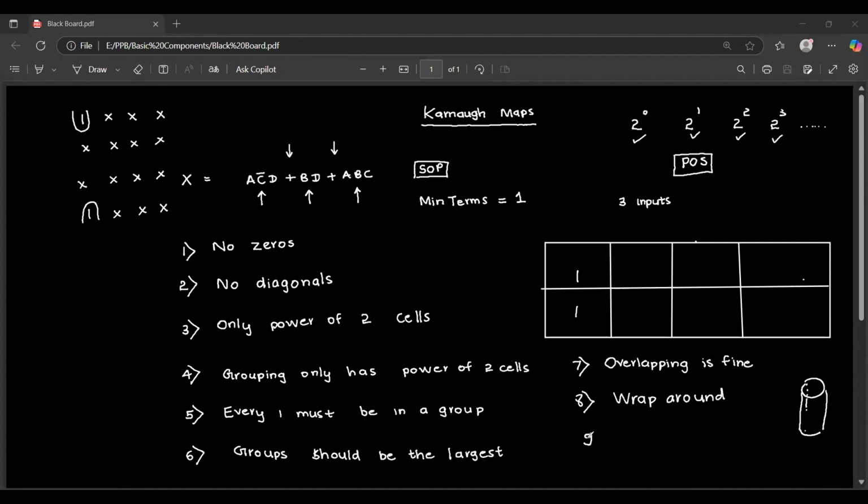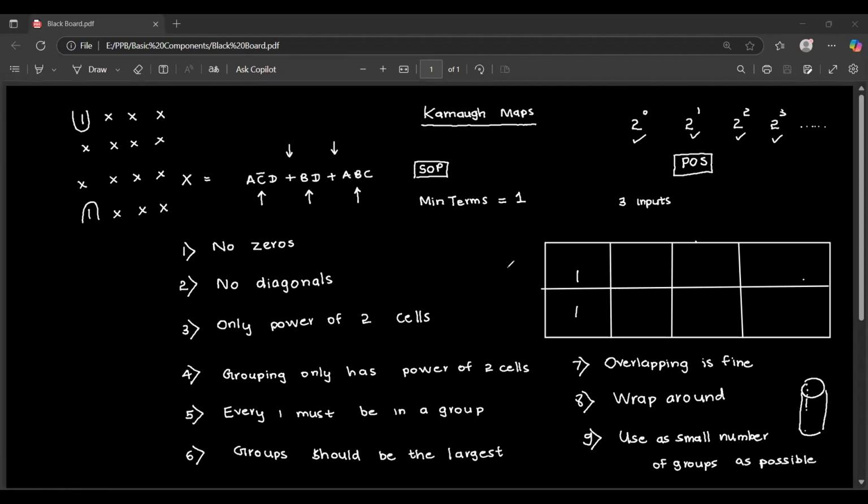And then the last and final rule. What is it? Well, the last and final rule is use as small a number of groups as possible. Why is that?